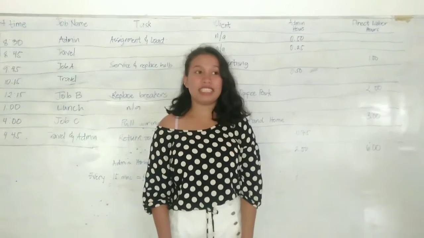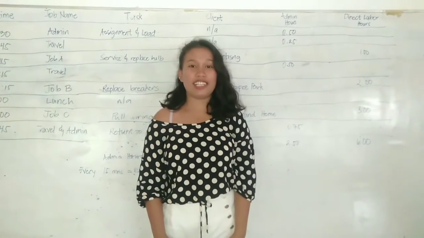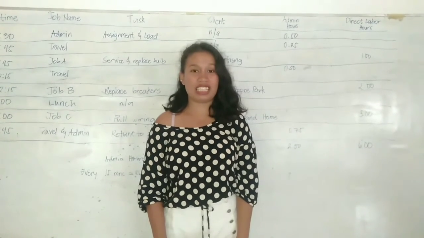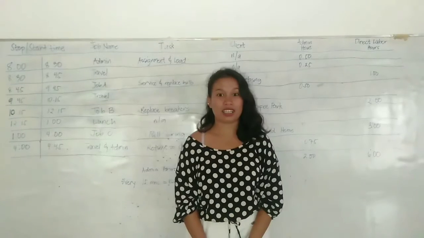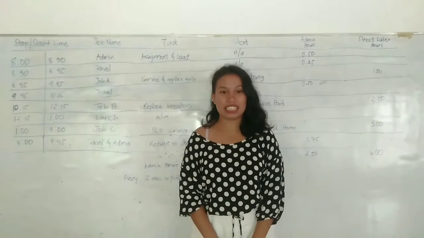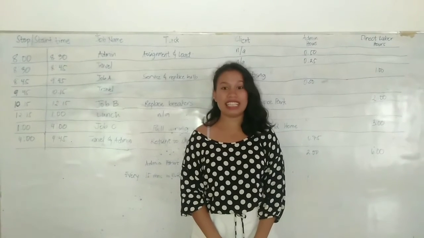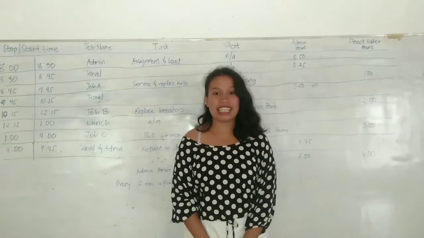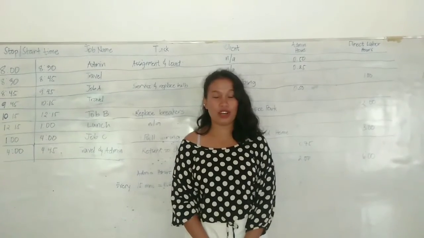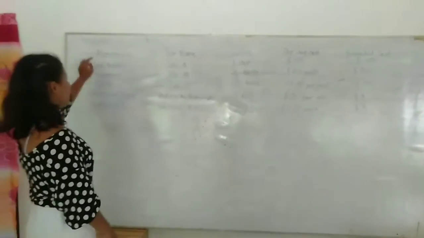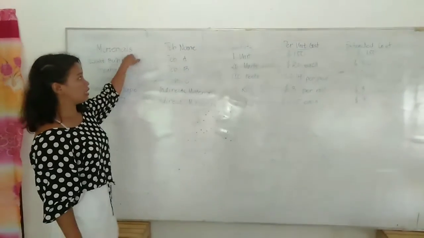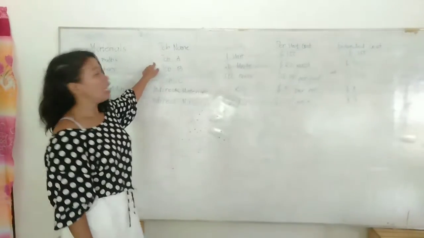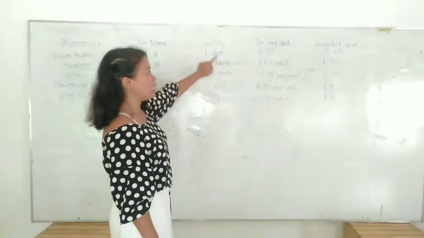Tracking direct materials is the record of material released to each job. The document used in this process is called a material request or material requisition form. This is an example document. Materials, light bulbs, job name, job A. Quantity, 1 unit.